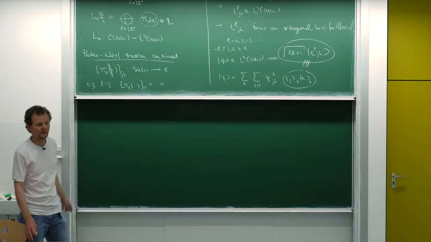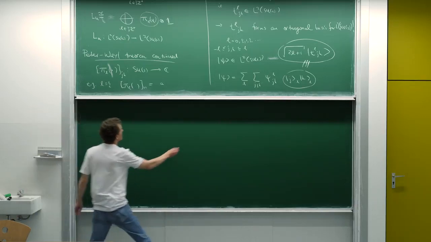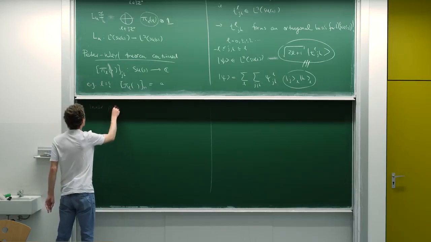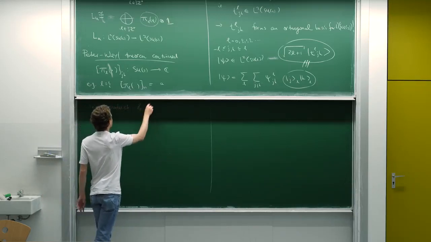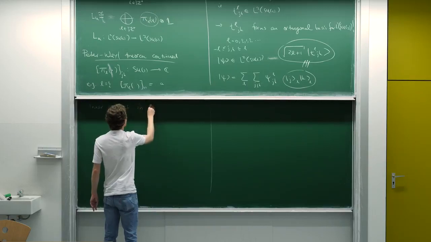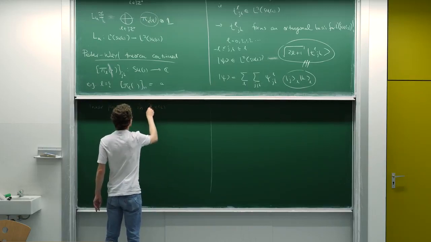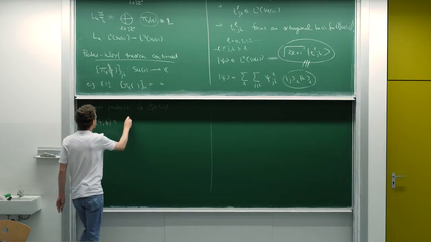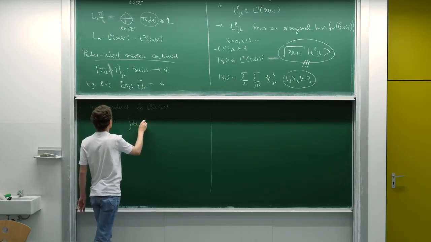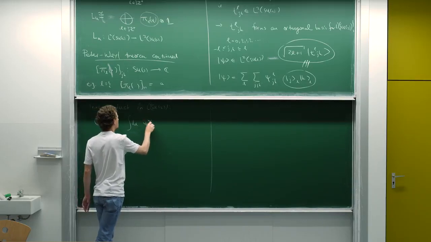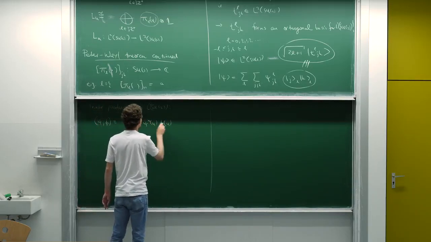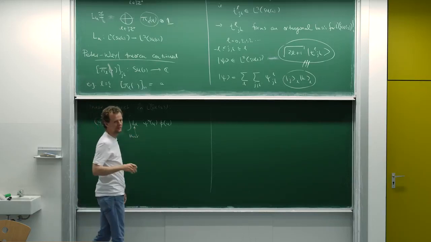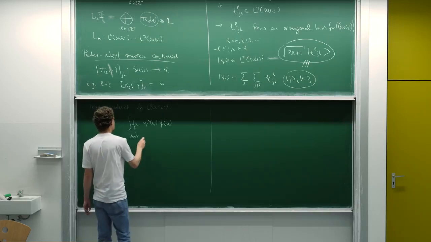And the normalization comes from integrating over the unitary group. So there's an inner product. This is Haar measure. This is the unique left and right invariant measure on the unitary group.